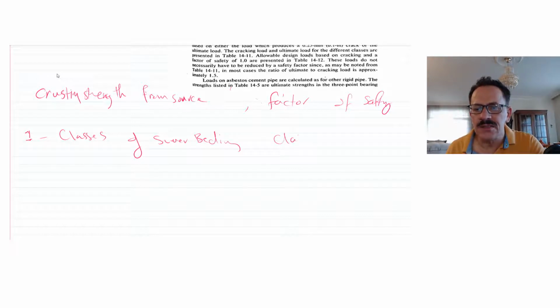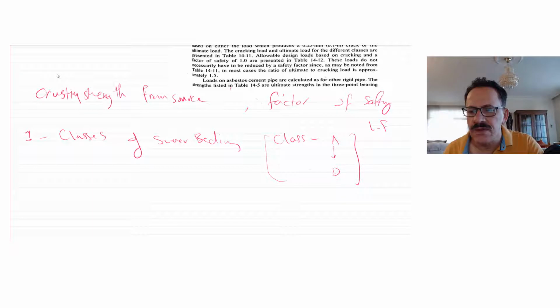We have class A till class D, and the classes will be based on the load factors. Based on the load factor that we have, class A is high load factor, 2.2 and 3.8, and class D is 1.1 load factor.